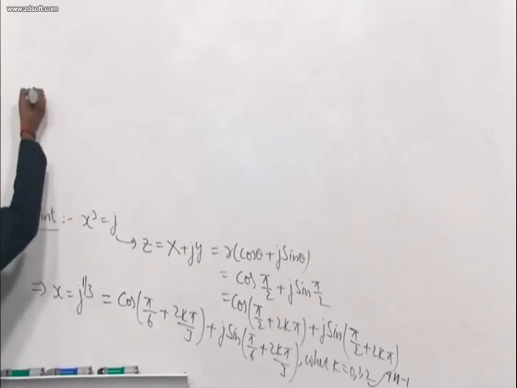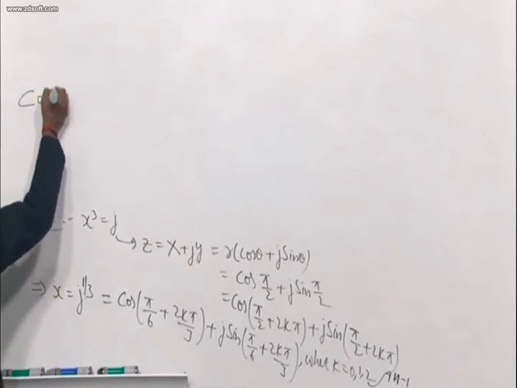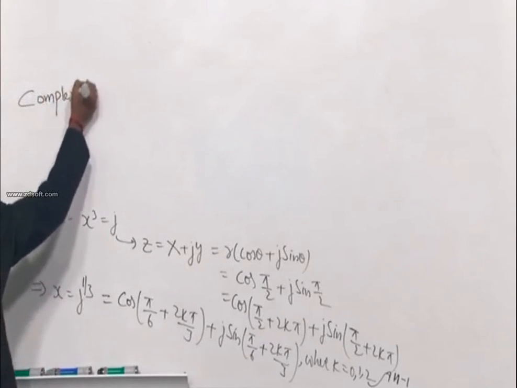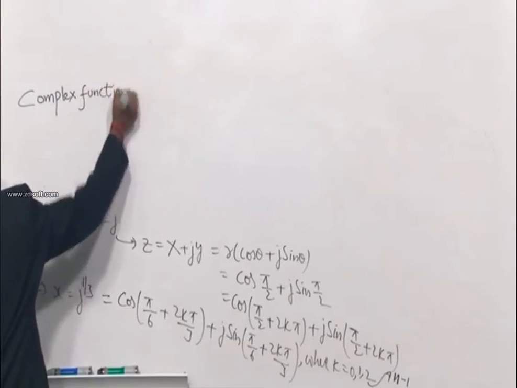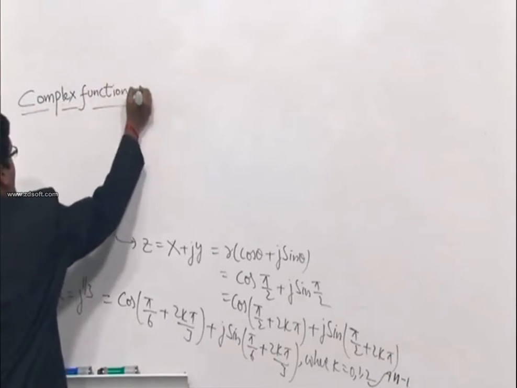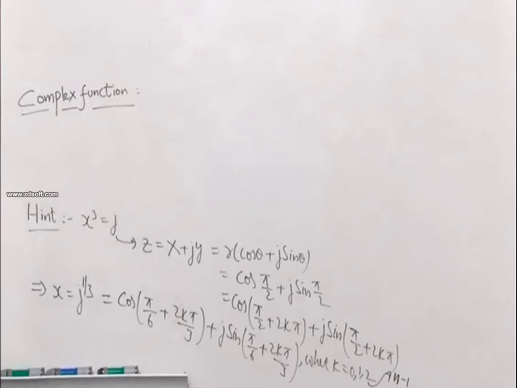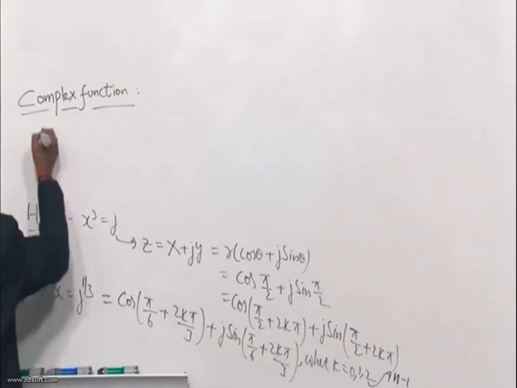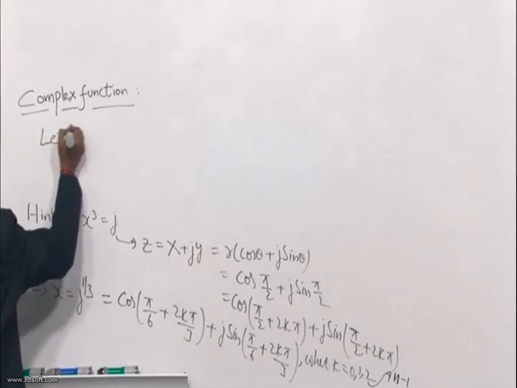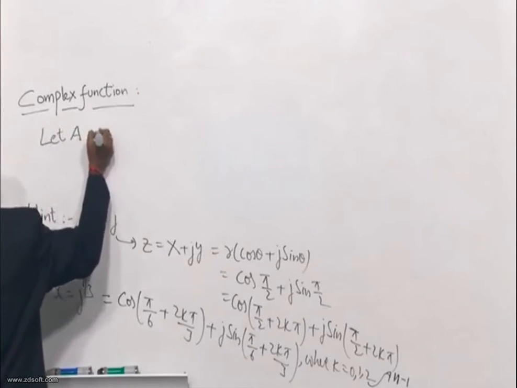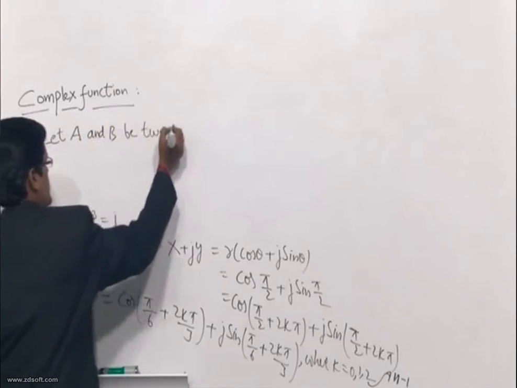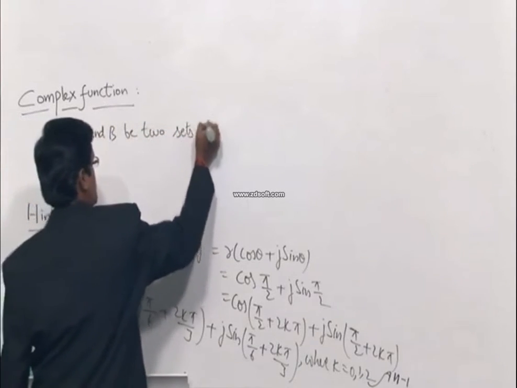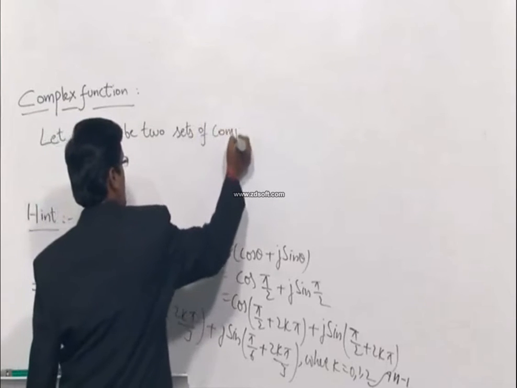Next definition is complex function. Let A and B be two sets of complex numbers.